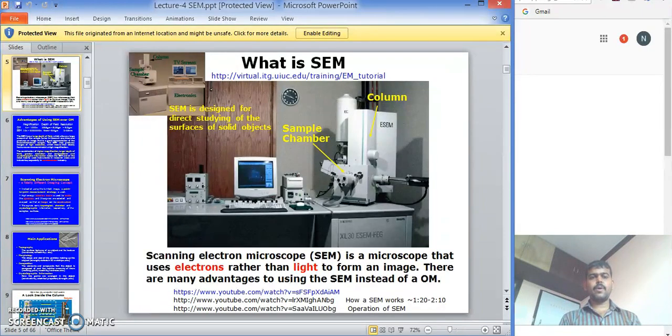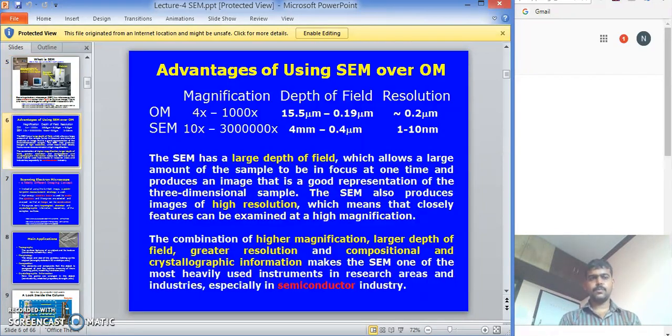The scanning electron microscope is designed for direct study of the surfaces of solid objects. SEM is a microscope that uses electrons rather than light to form an image. There are many advantages to using the SEM instead of the optical microscope.